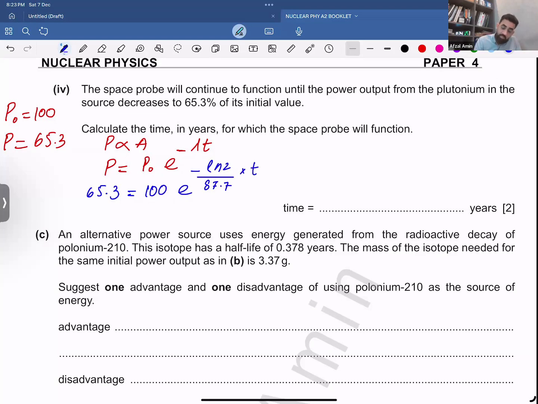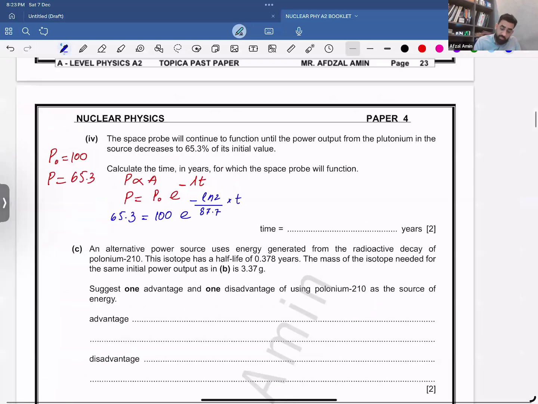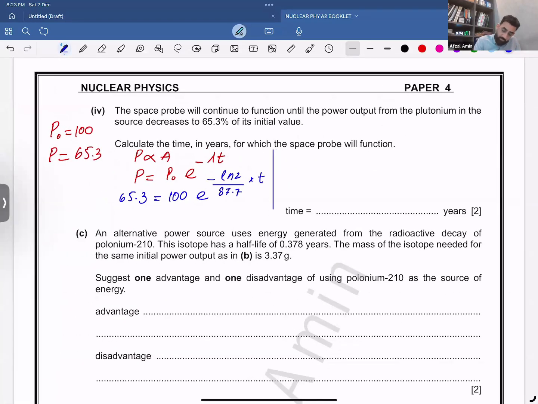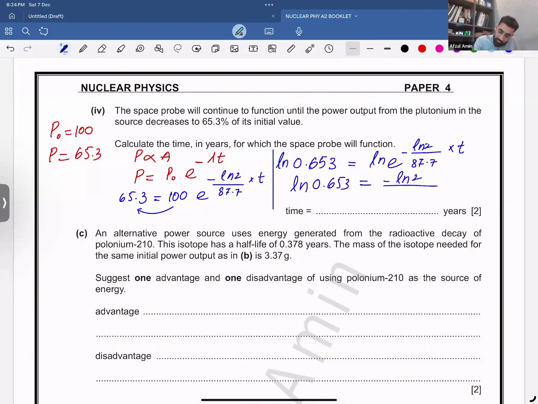First you divide by 100 to the other side: 0.653 equals e to the power negative ln 2 over 87.7 times t. Take the log of 0.653, it will be negative ln 2 over 87.7 into t.